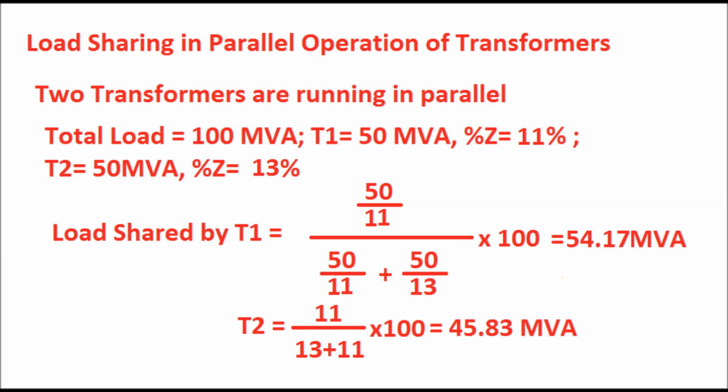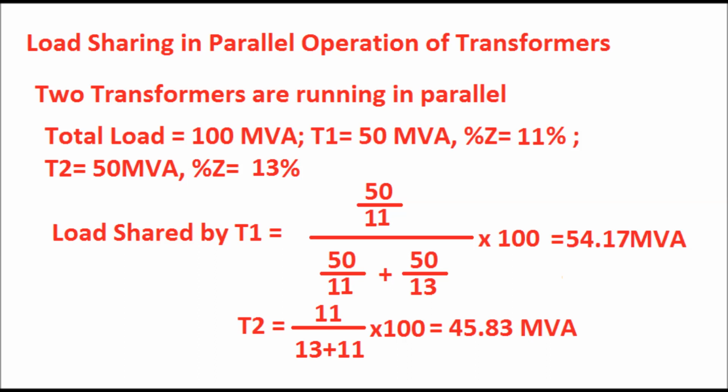So load share by T1 is equal to the percentage impedance of transformer 2, that is Z2, divided by Z1 plus Z2. Now here Z2 is equal to 13%. So 13 divided by 24 into 100, which comes as 54.17 MVA. Again, load share by the transformer 2 is equal to 11 divided by 13 plus 11, which is 24.